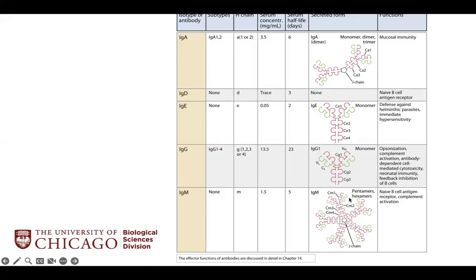IgM is by far the largest secreted antibody because it's found primarily in pentamers. So 5 different antibodies that are all connected by a J chain. IgM is very important for complement activation.